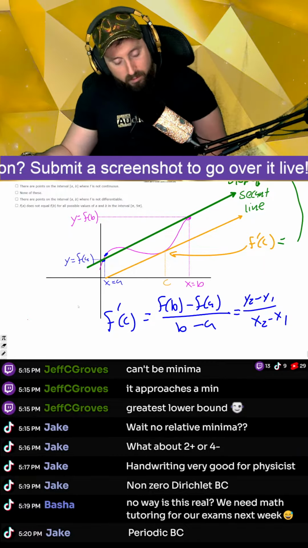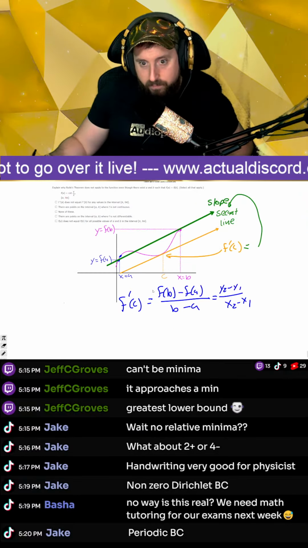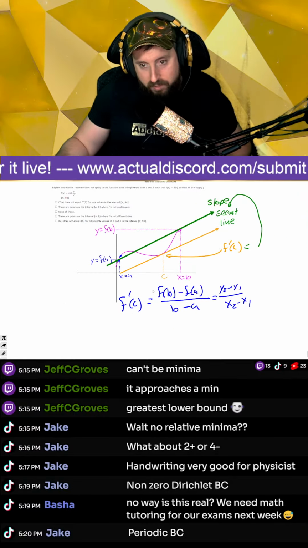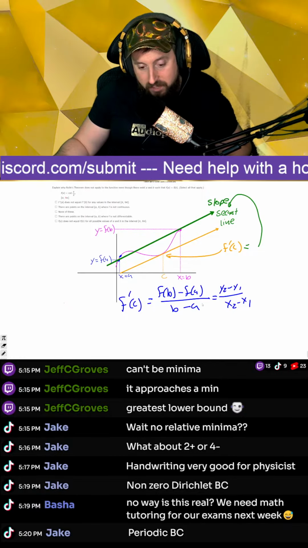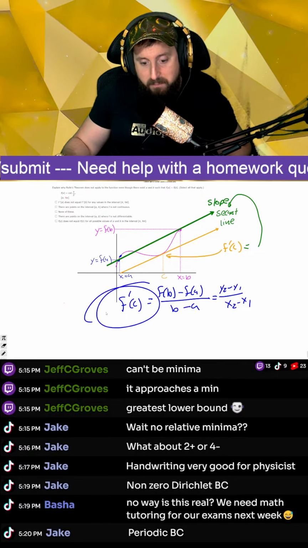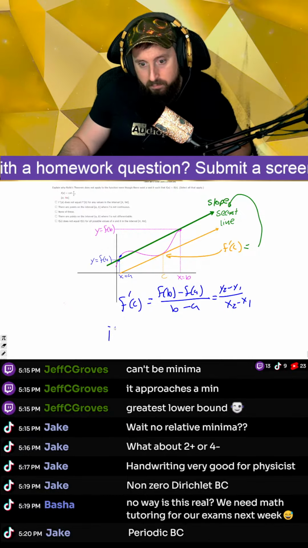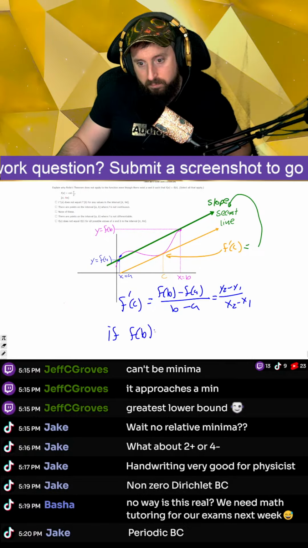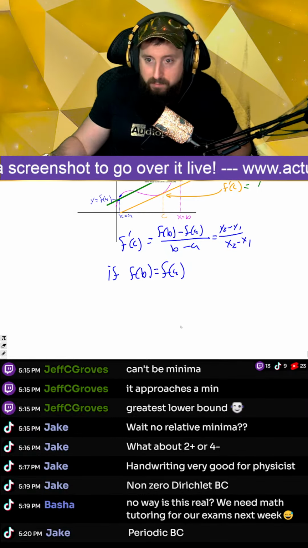Okay. So now let's consider the case of we're doing the MVT theorem again, but let's consider that f of b is equal to f of a. What would that mean that my average slope would now be equal to? Just think about math-wise, right?